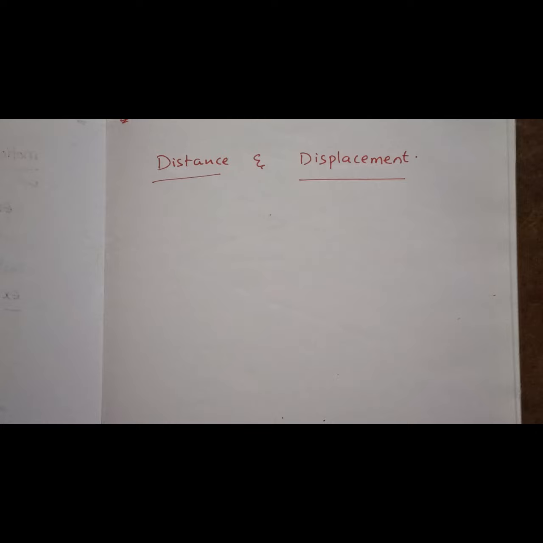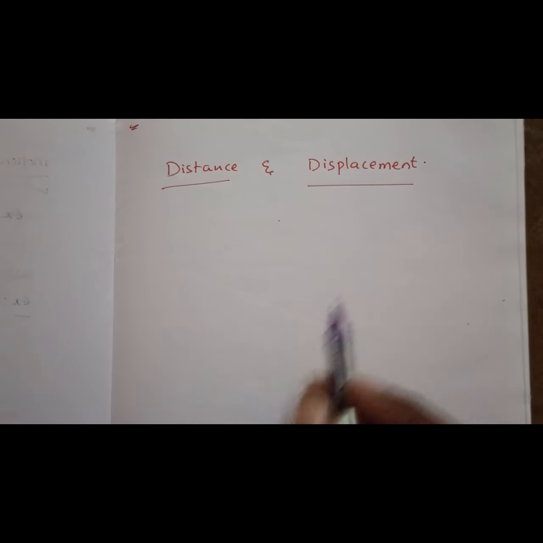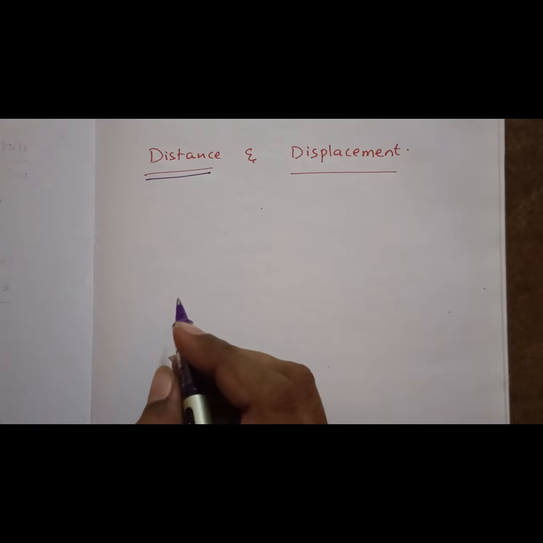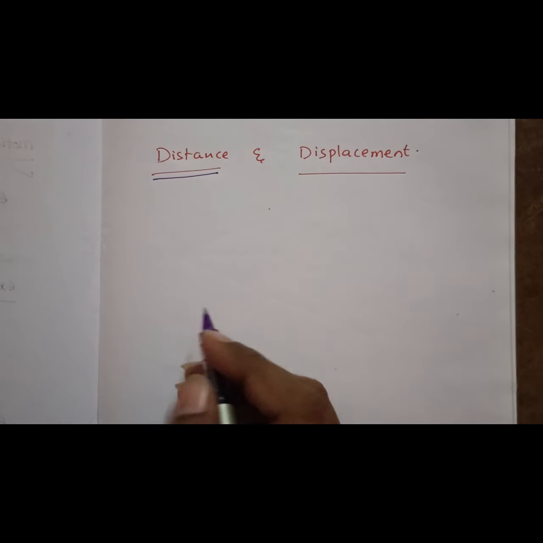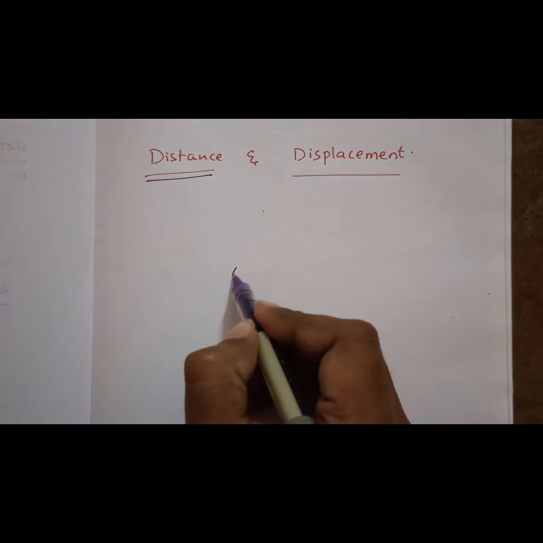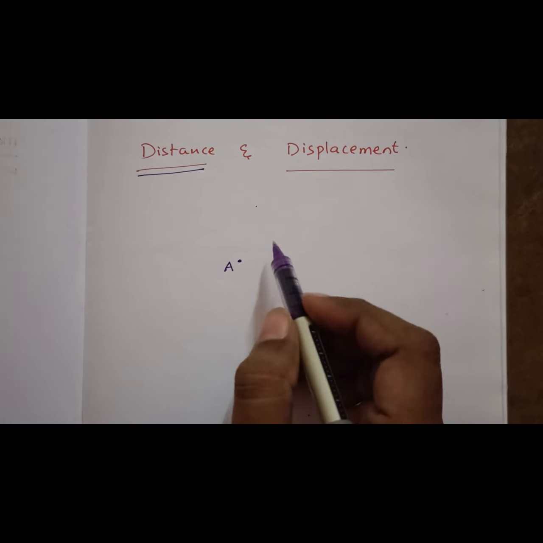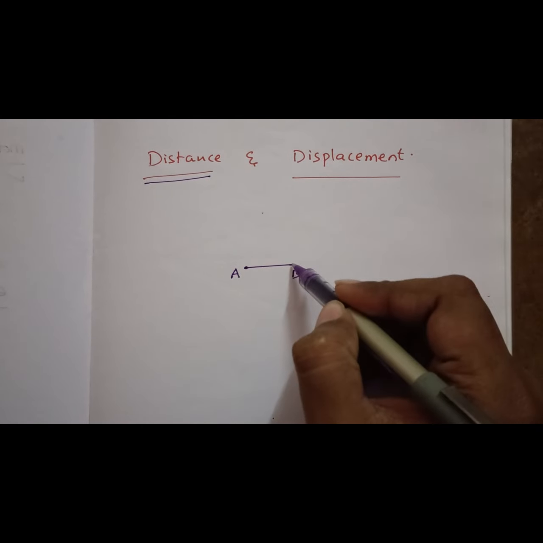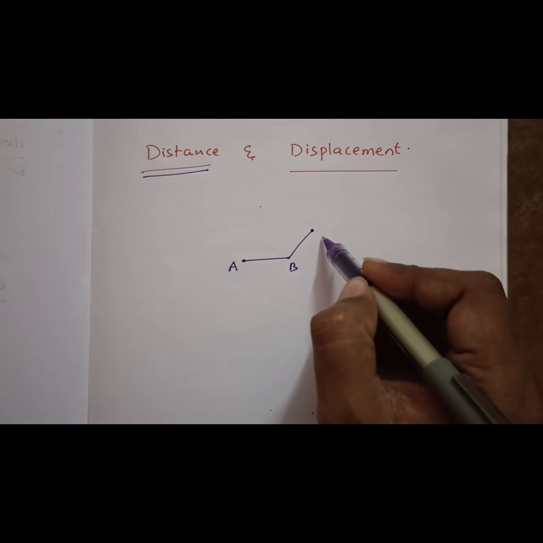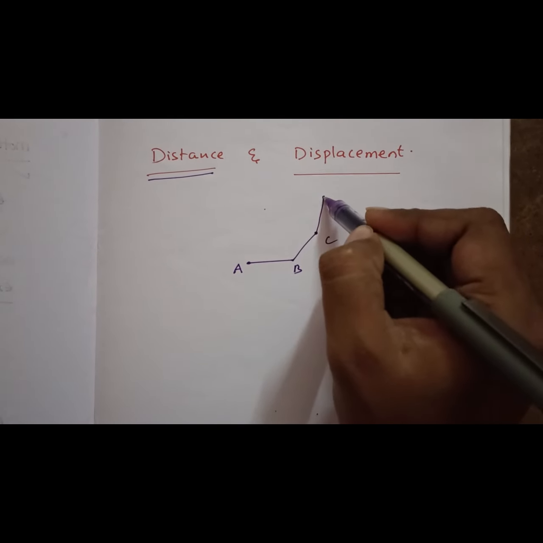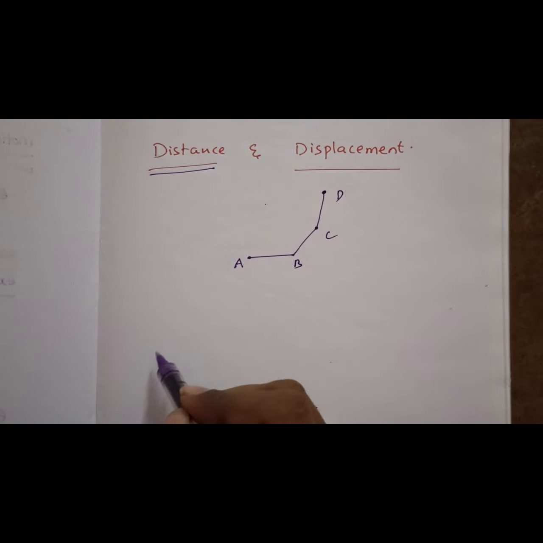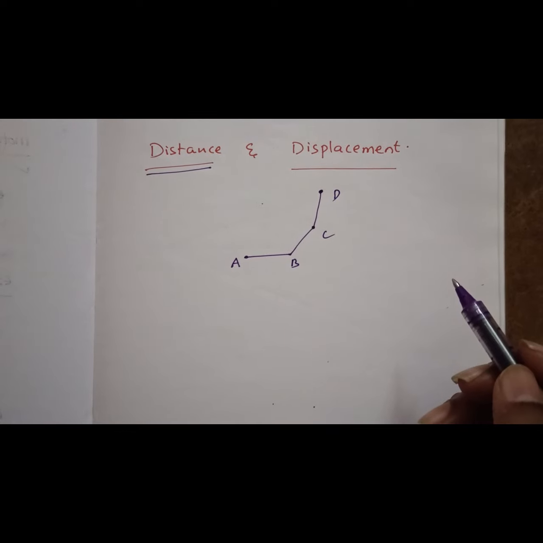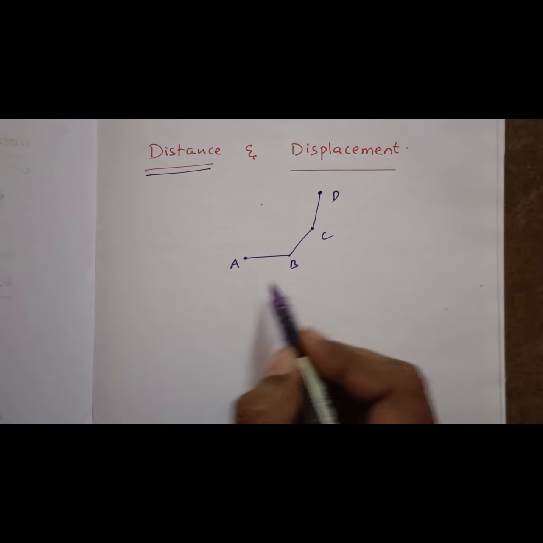Next, distance and displacement. First we will discuss about distance. Now, if a person started from a point A, travels to B, and then turns and travels to C, and then goes to D. In this path he traveled.